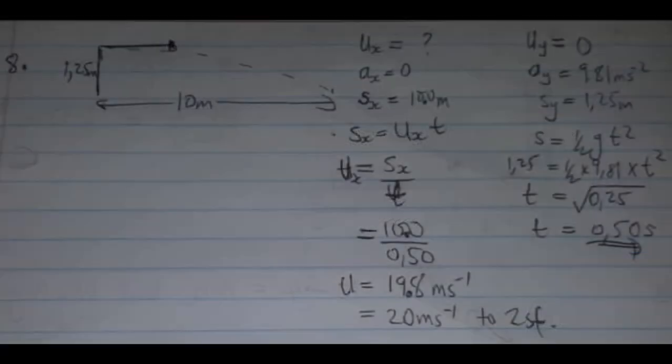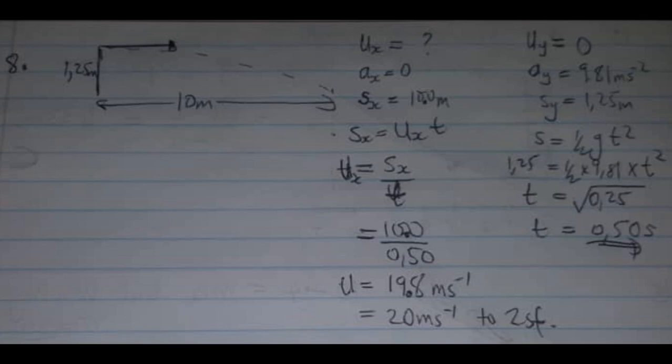Right, so the stunt car starts 1.25 meters above the ground and lands 10 meters away, that is in the horizontal. So we need to find out what's going on in the horizontal and what is going on in the vertical. Remember we said that in the horizontal acceleration is 0 because it's moving at constant speed, it doesn't change.